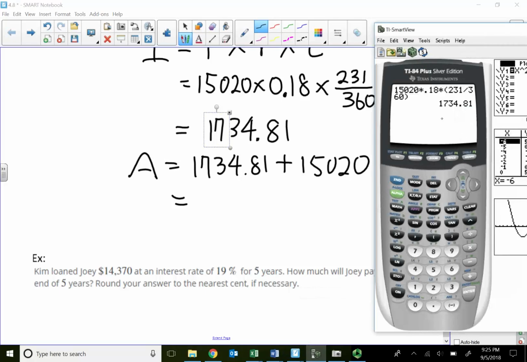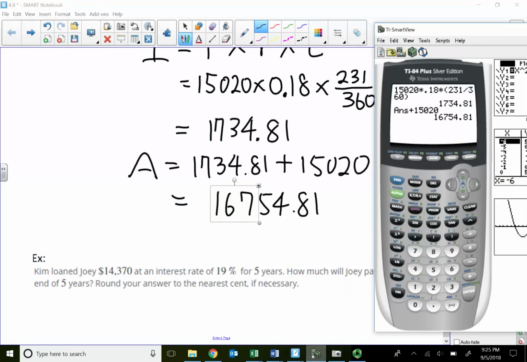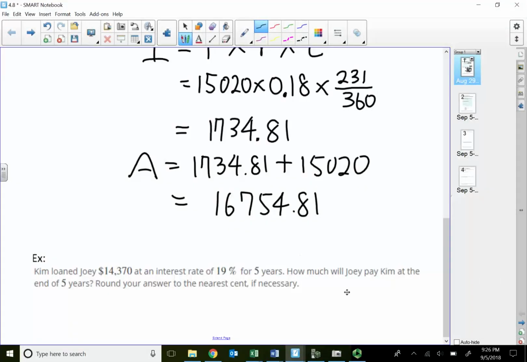So I'm going to take my 1,734 that's on my calculator and just add on to $15,020. So that's $16,754.81. Okay. All right, so that will be the answer. Total amount needed to be paid back.